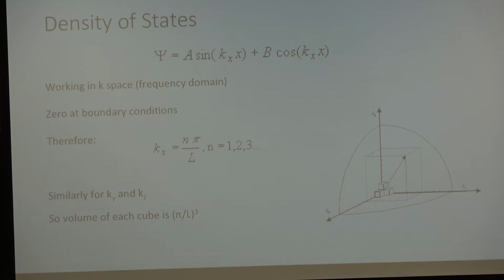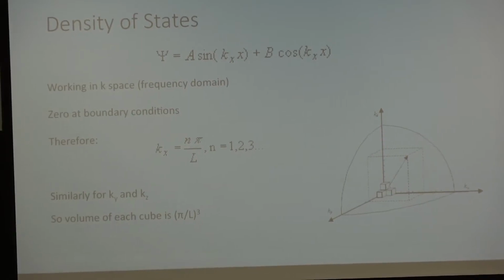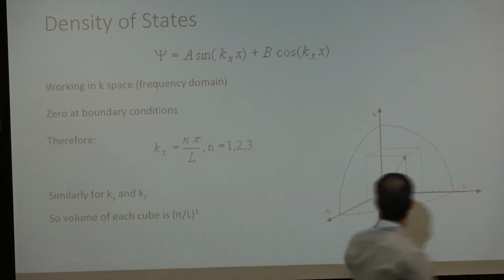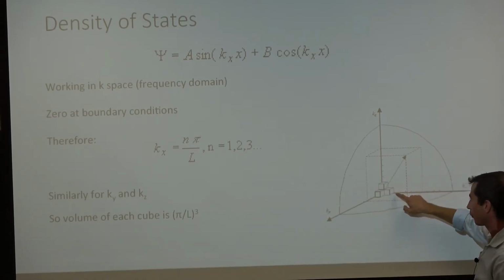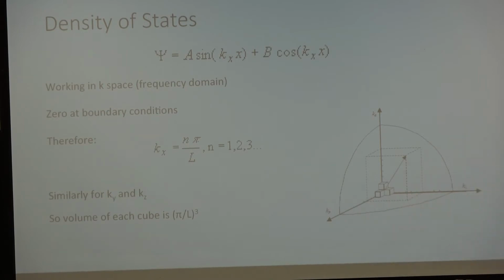So if we were to think then of, I'm awful at drawing cubes, so let's have him draw the cubes. At each of these points is a 0 frequency, or there's a solution, a boundary condition.